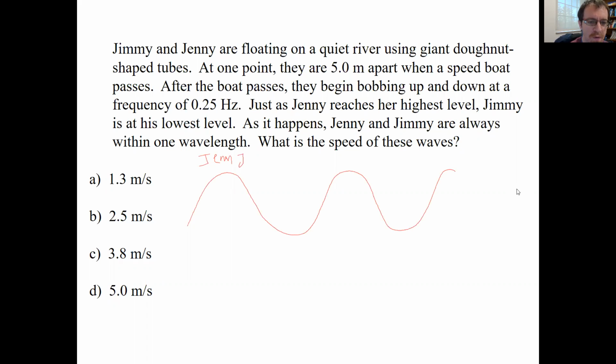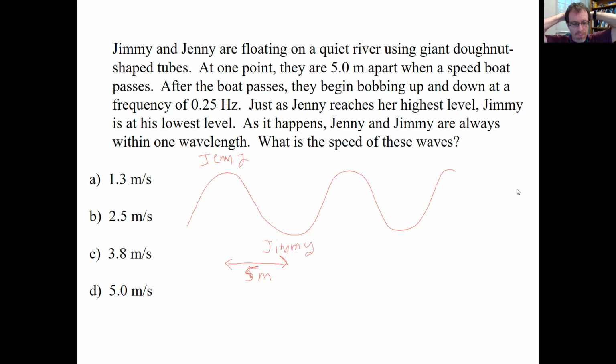That's Jenny. Use your imagination. And this is Jimmy here. Jimmy reaches his lowest point. And it says that these two kids are 5 meters apart. There we go. All right, awesome.